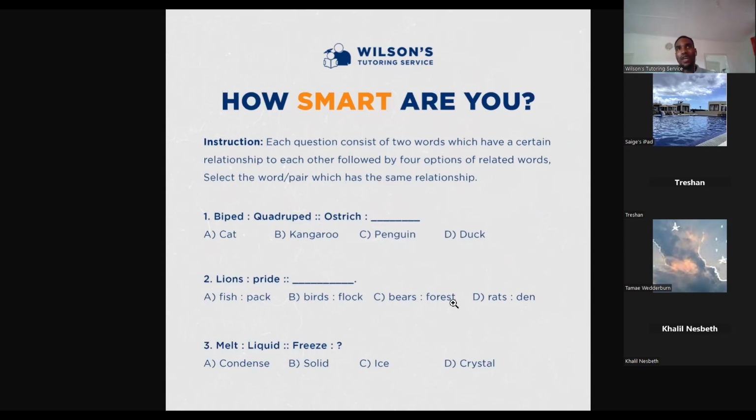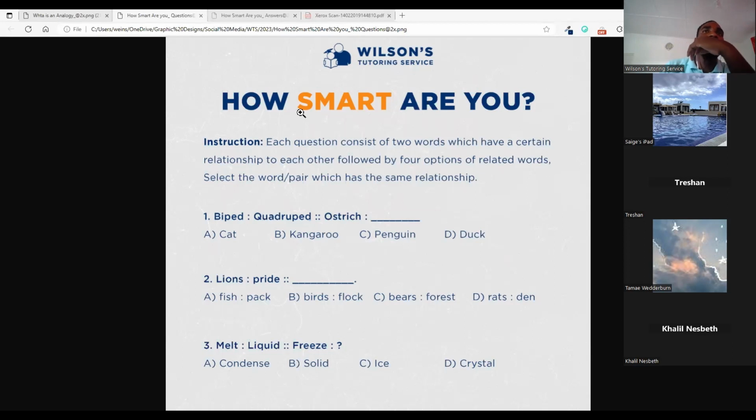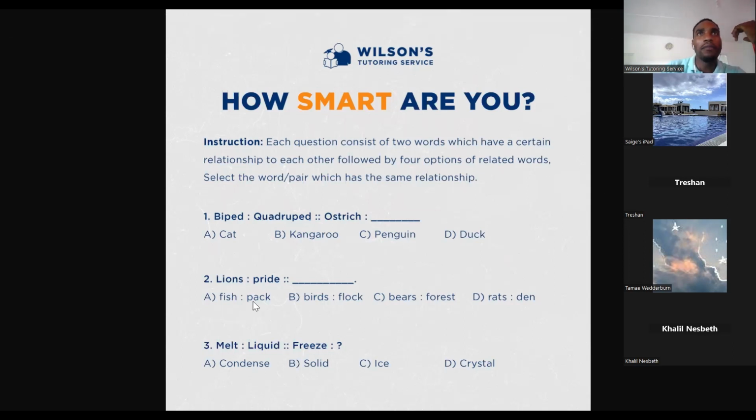All right, so the first one, it has biped and quadruped. Then it has ostrich. Let me see what we have in the chat here. I see kangaroo, cat, duck. All right. Do you guys know what a quadruped is?